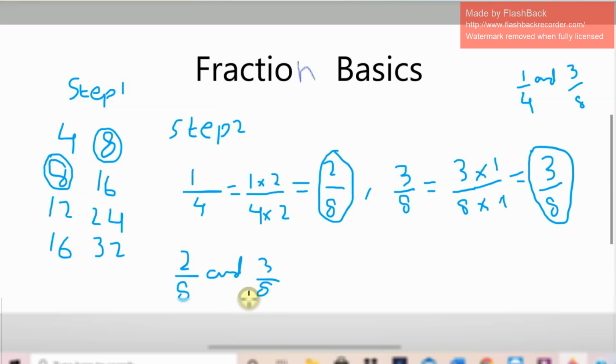As we can see, the denominators are the same. We convert unlike fractions to similar fractions when we have to add or subtract two unlike fractions.